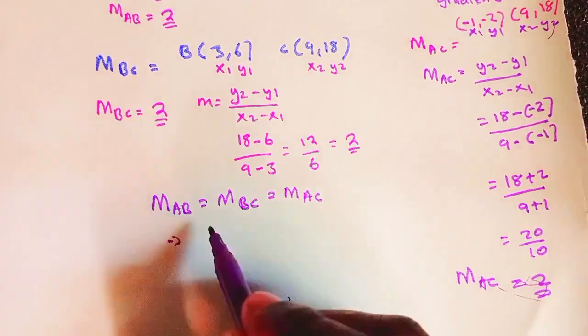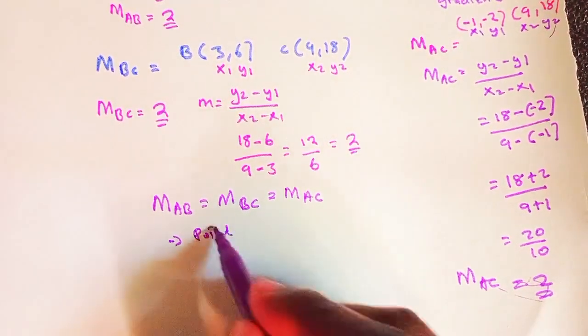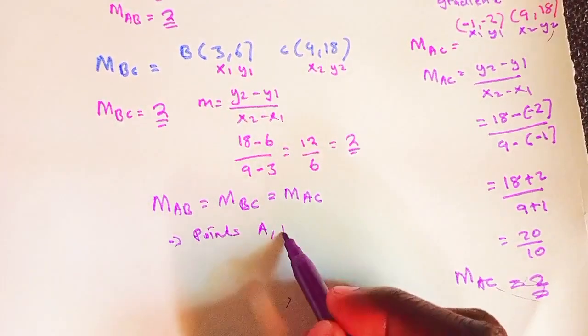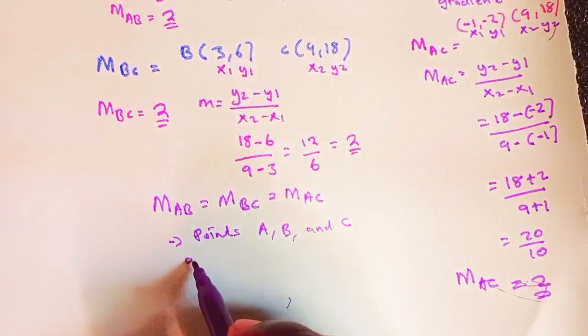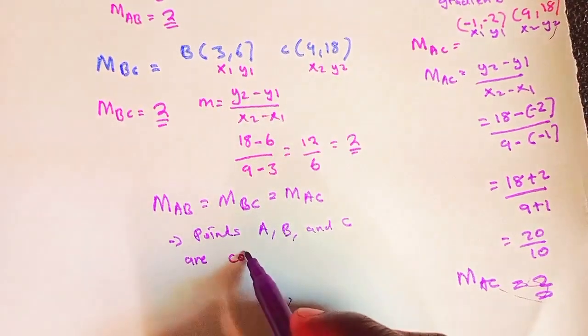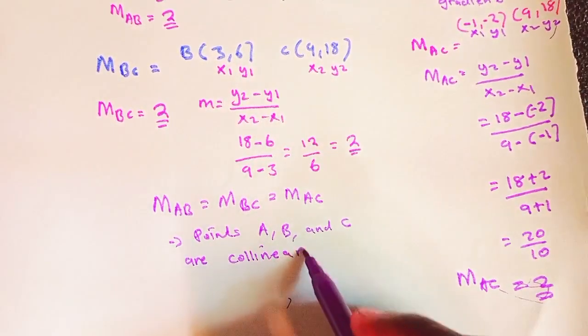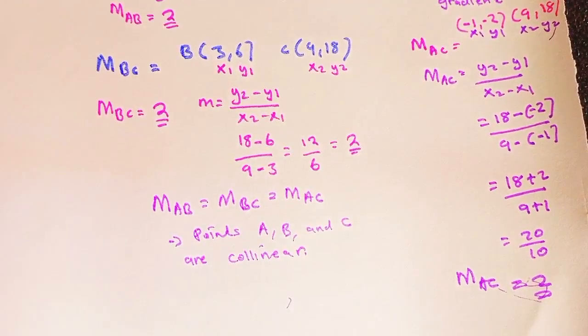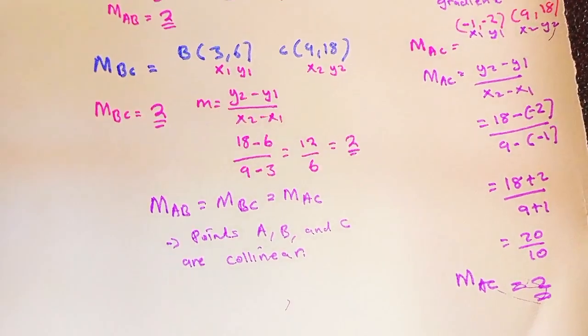This tells us that points A, B, and C are collinear. These points are collinear. They all lie on the same line as we predicted. So that's how you answer this question.